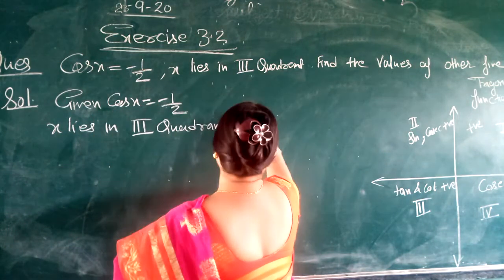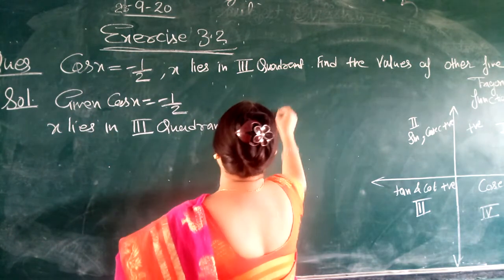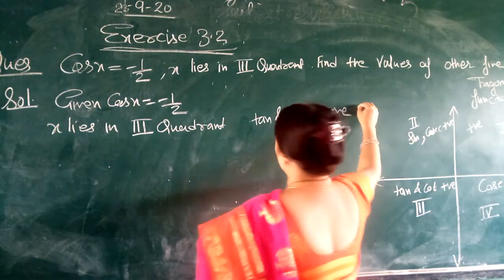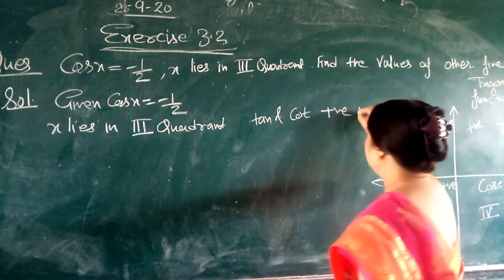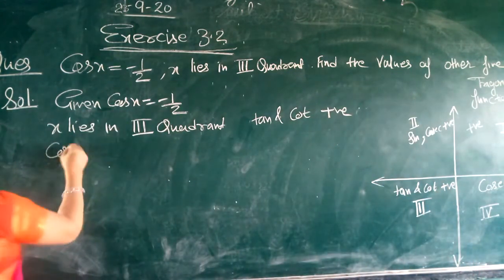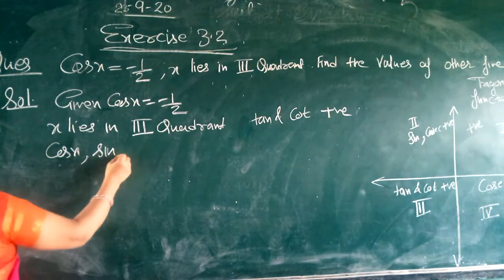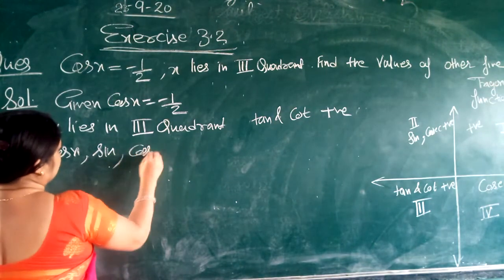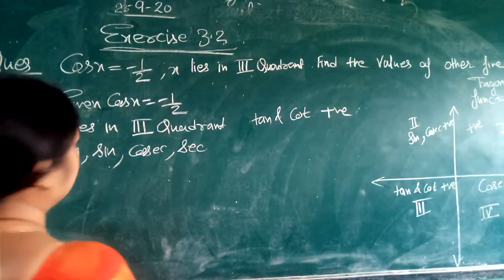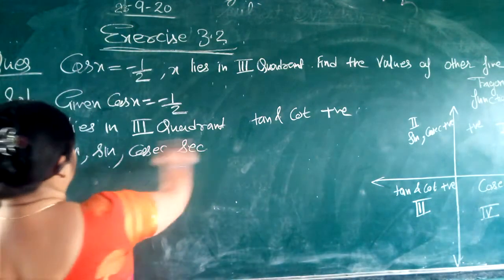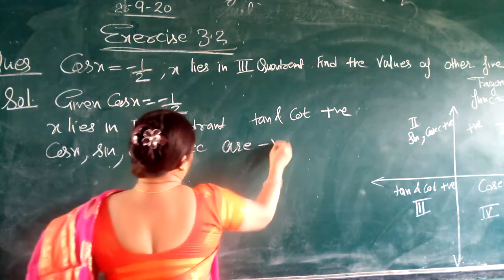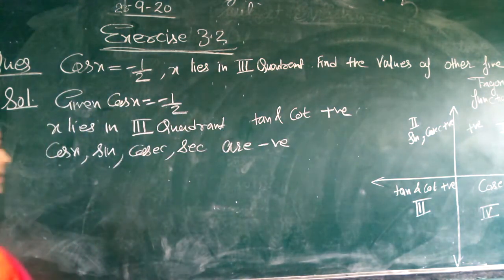In the third quadrant tan and cot are positive, and the rest of the trigonometric functions, sin, cos, cosec, sec, are negative. Now here cos x is equal to minus half.